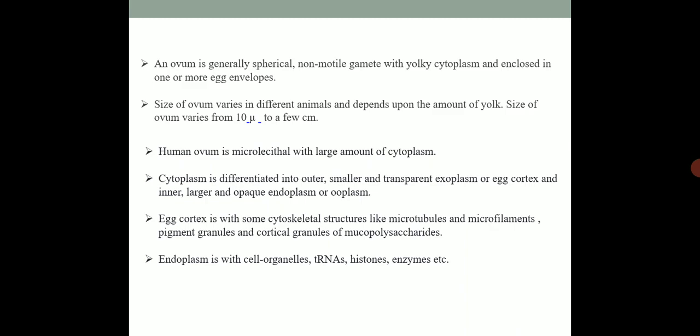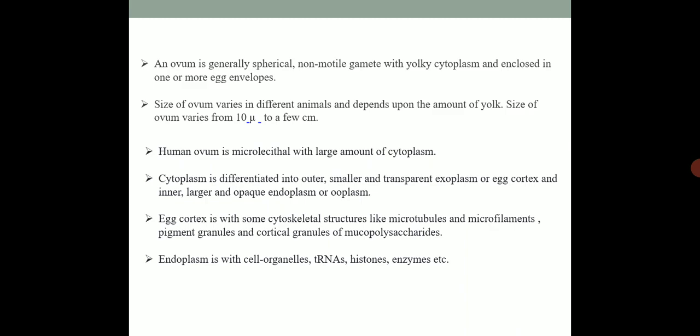The size varies from 10 micron to a few centimeters. Human ovum is microlecithal, that means the amount of yolk is less, with a large amount of cytoplasm.